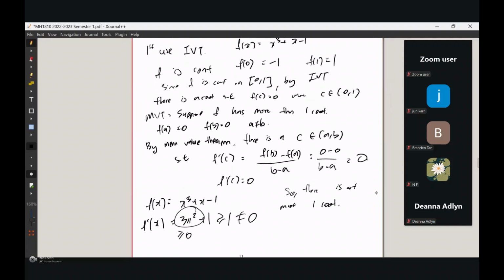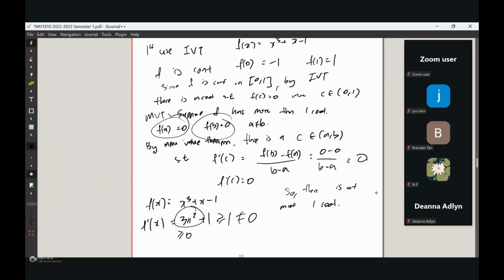So let's look at the argument again. If we have two roots, then f of a and f of b are equal to 0 for some a and b. By the mean value theorem, we know that f prime of c between a and b is equal to f of b minus f of a over b minus a. Because f of b and f of a are both 0, 0 minus 0 is 0.